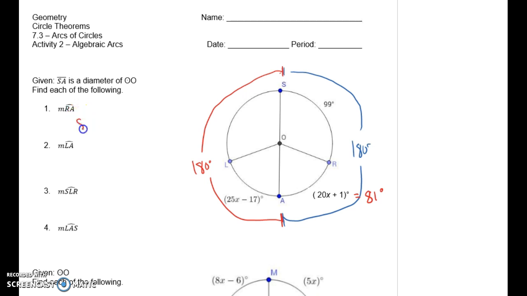But I don't really need to know that right now; I need to know that RA is 81 degrees. To find LA, though, I do need that x value. x equal to 4 is the only value that makes that equation true. If I take 25 times 4, I get 100. Take away 17, I get 83 degrees. So that's the measurement of LA.